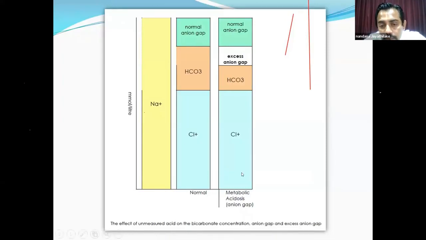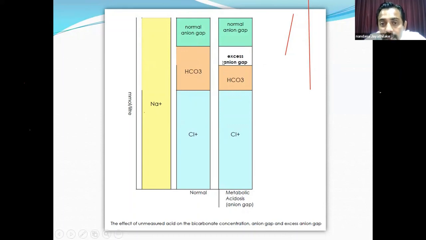When it moves to the extreme right side, there's a metabolic acidosis with anion gap. The normal anion gap is there, chloride is also there, sodium is normal. But in addition, at the expense of bicarbonate, there's excess anion here. This is what we are going to measure with the anion gap.